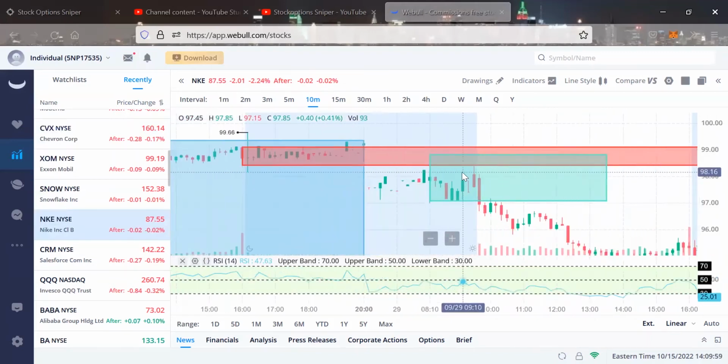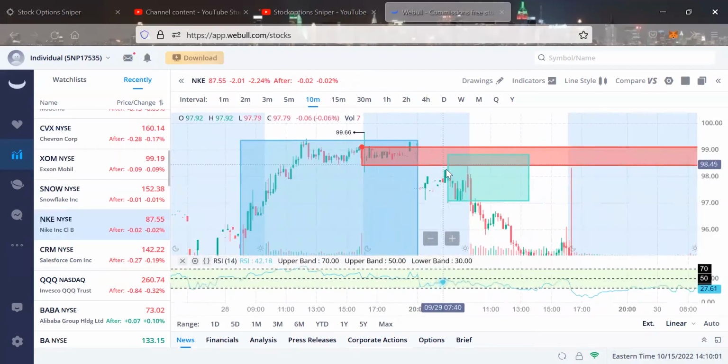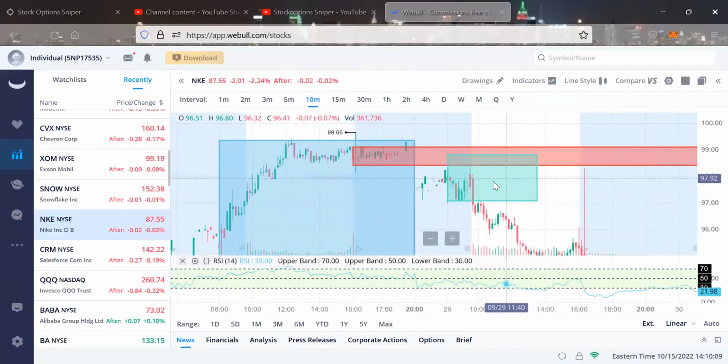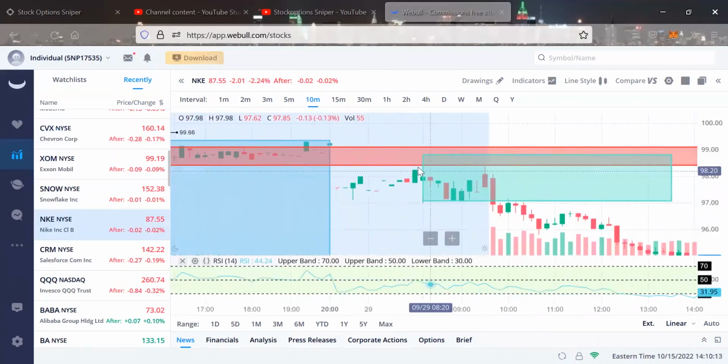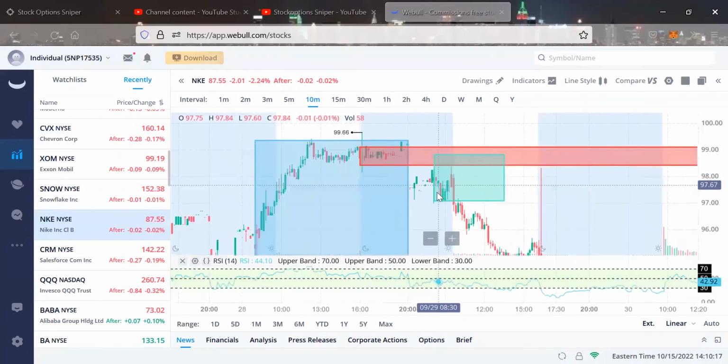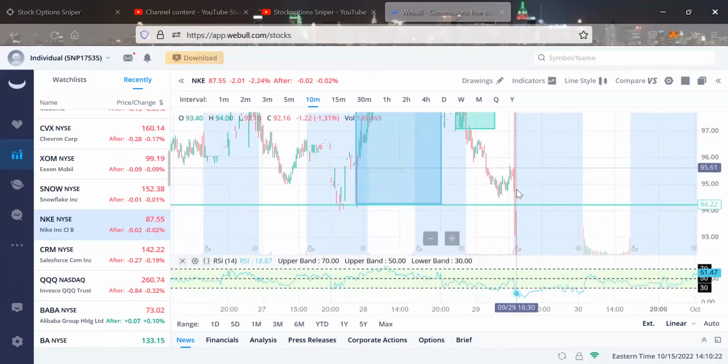We have the buying climax, the sign of weakness, then the UT. Once we have that UTAD, eliminating and taking out all the orders here, we have that test, and then we just keep on falling and falling, targeting that.